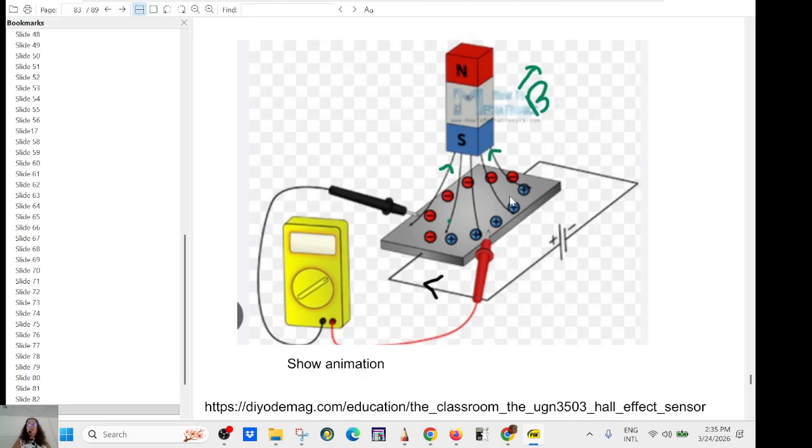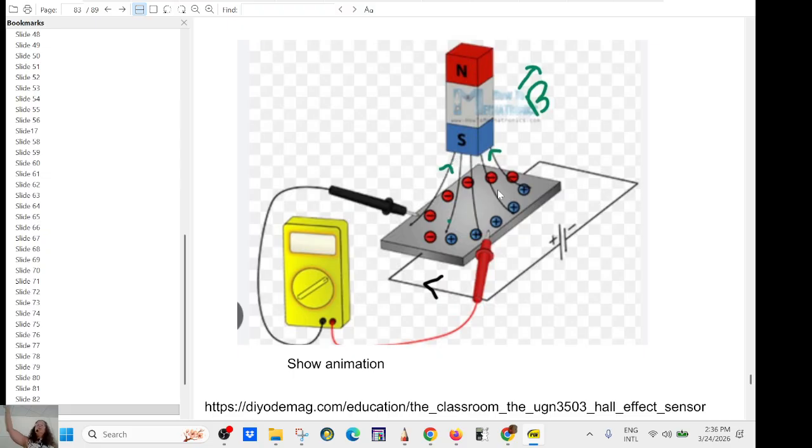You can use, for example, I think it's also maybe in test number 3. If you have current flowing here, and this is a conductor, and you see the magnetic field from the bar magnet, out of the north into the south. Magnetic field goes into the south, out of the north.